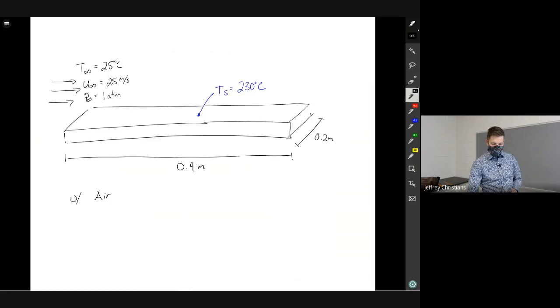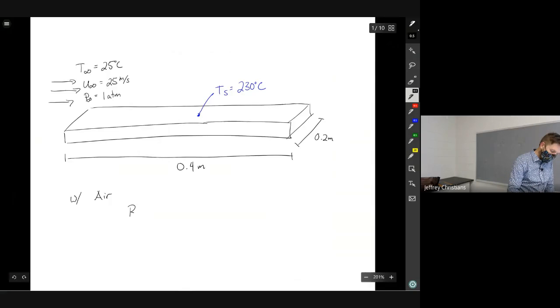So with air, it was fairly straightforward. So the Reynolds number was 3.8 times 10 to the 5. Prandtl number was 0.690.